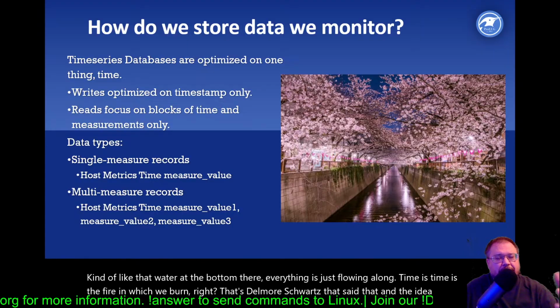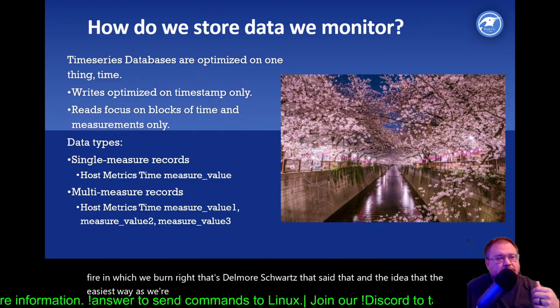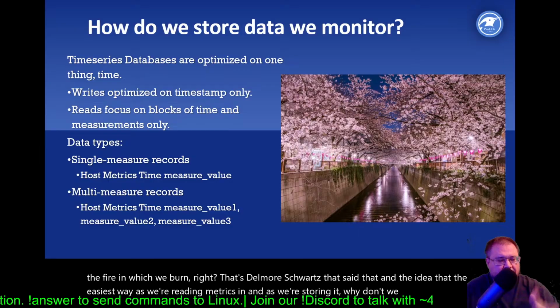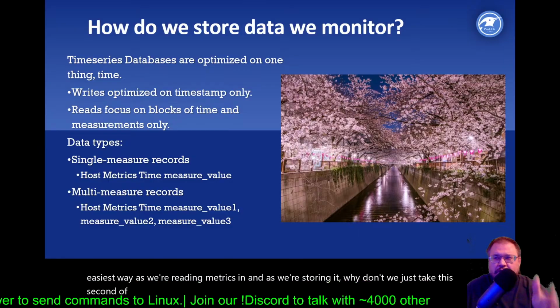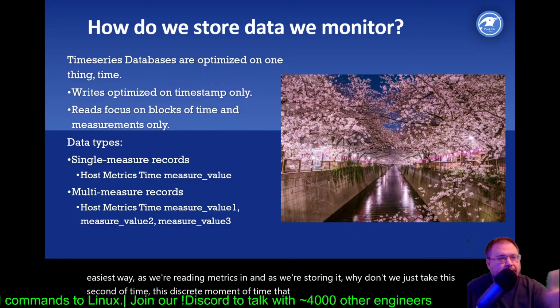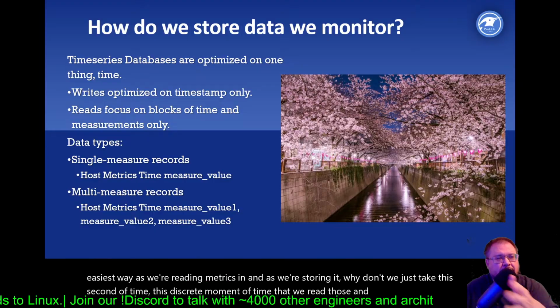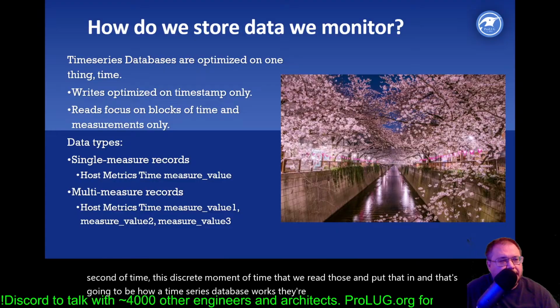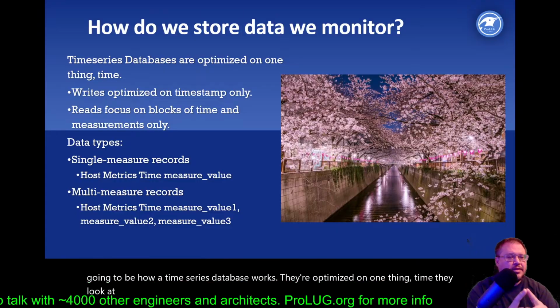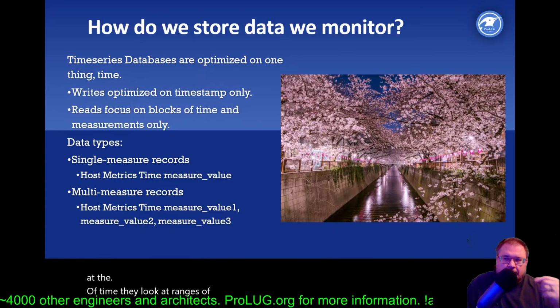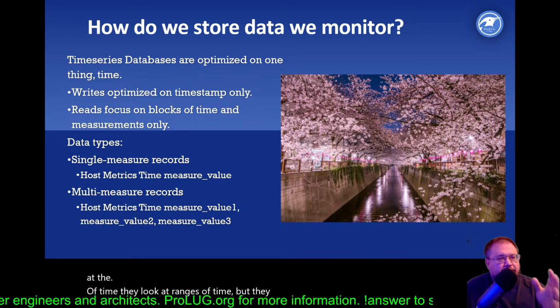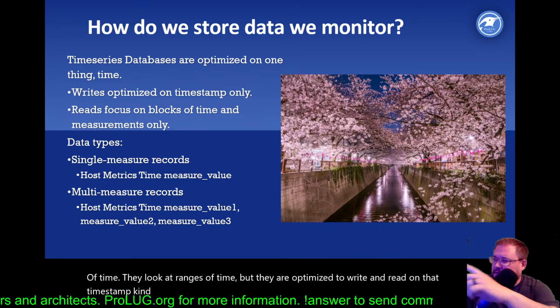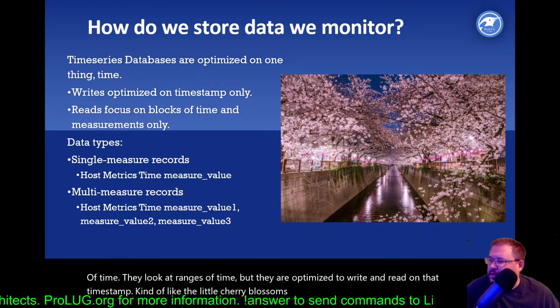The easiest way, as we're reading metrics in and storing them, is to take this discrete moment of time that we read those, and put that in. That's how a time series database works. They're optimized on one thing: time. They look at spans and ranges of time, but they are optimized to write and read on that timestamp, kind of like the little cherry blossoms falling in that river.